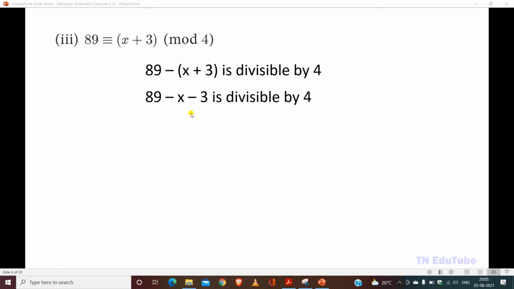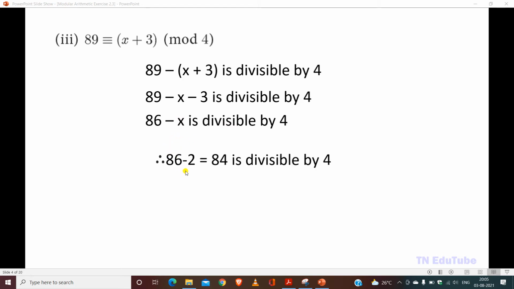So 89 minus 3 becomes 86. 86 minus x is divisible by 4. Which number do you have to subtract from 86 so that it is divisible by 4? We know x is 2, isn't it? Because 86 minus 2 is 84, and 84 is divisible by 4. So the least value of x is 2.